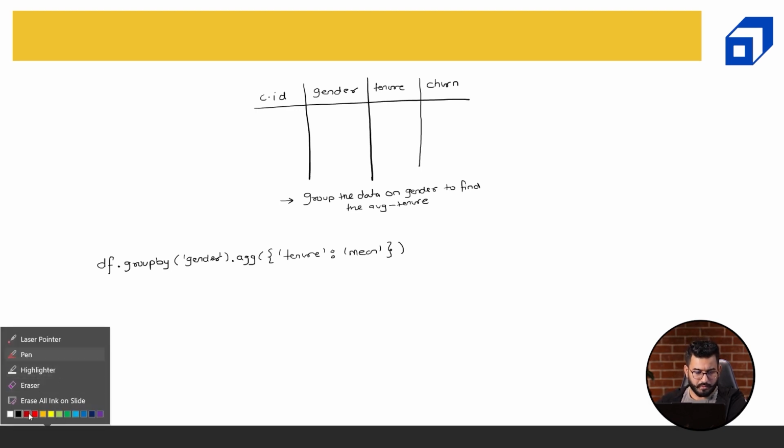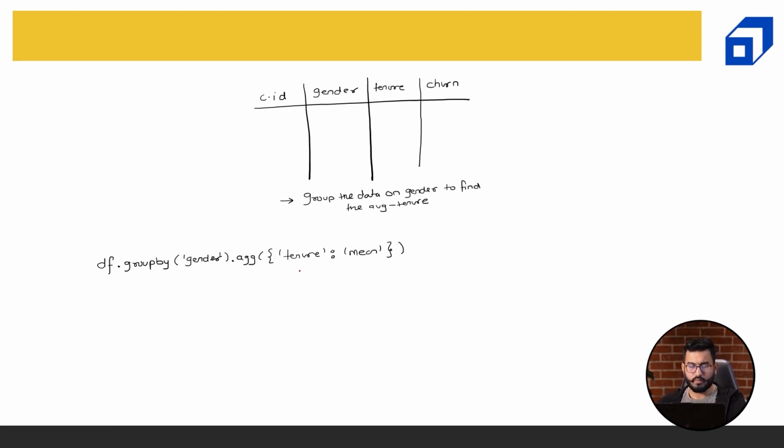Now if you carefully observe, this code has two sections. Number one is my target data frame, and this is my group by command, on which column we want to group.